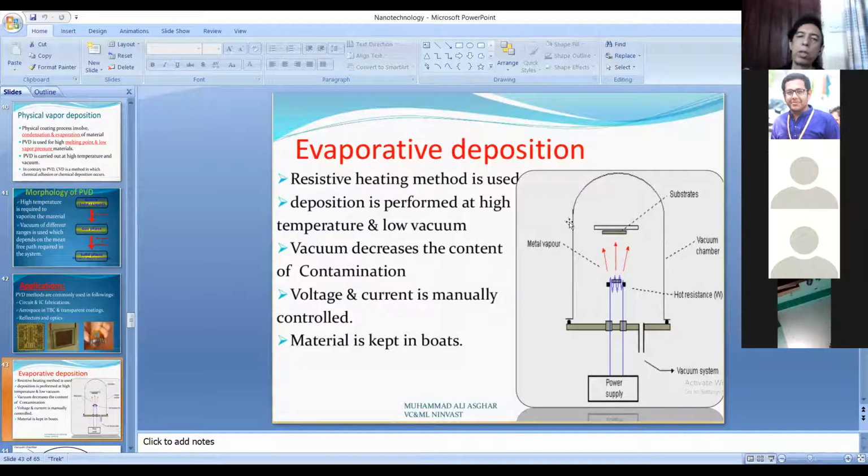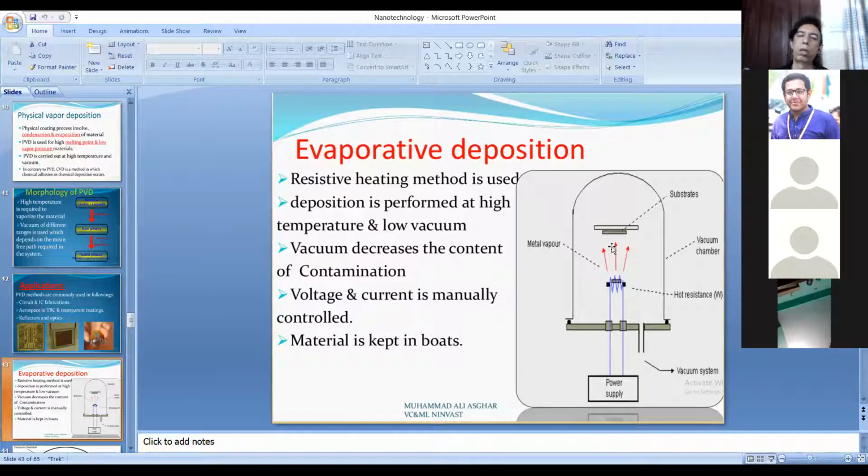So a large fraction of aluminum atoms will collide with the air molecules and will not go to the substrate.